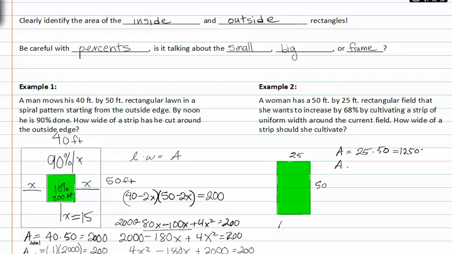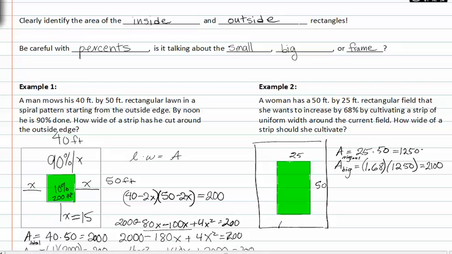This means we want the bigger area to be 168% of the original area. So, we multiply by 1.68 times the 1,250, which was the original area, to get the new total larger area, which is 2,100 square feet.